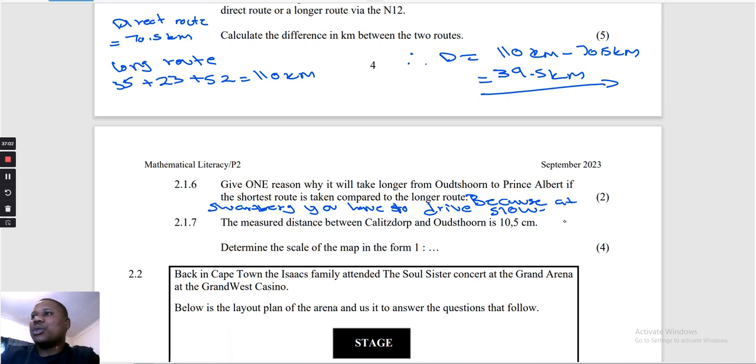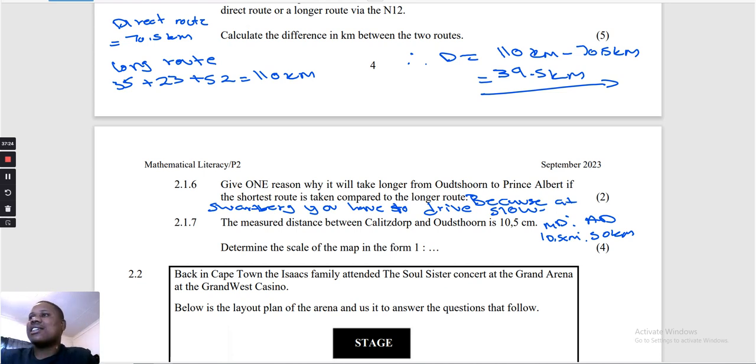Remember, when you do your scale, we say map distance to actual distance. So our map distance is 10.5 centimeters, and the actual distance is 50 kilometers. Now the scale can be shown in millimeters or centimeters.